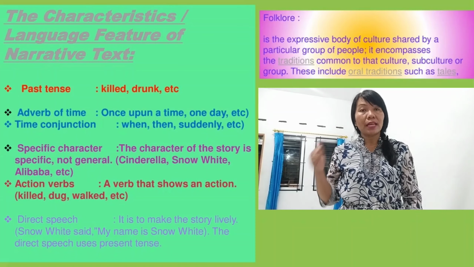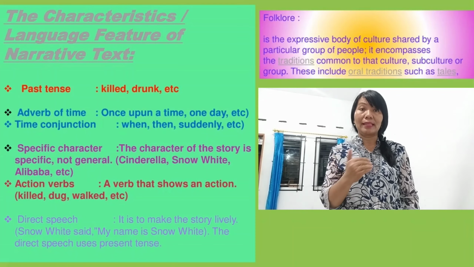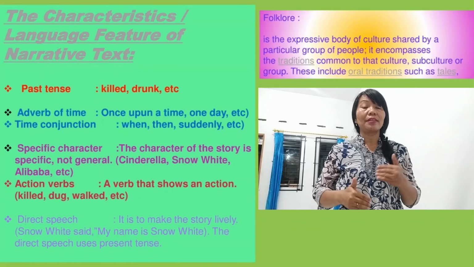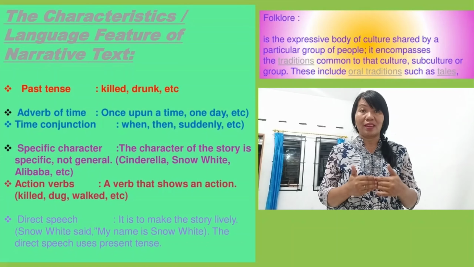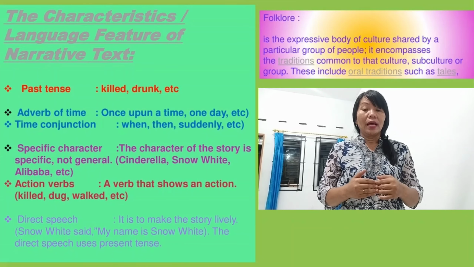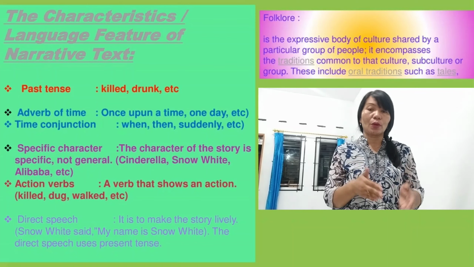Okay, after discussing the purpose and also the structure of narrative text, now we would like to discuss the characteristic language features of narrative text. Even though it is a story, of course there's a tense inside a story.